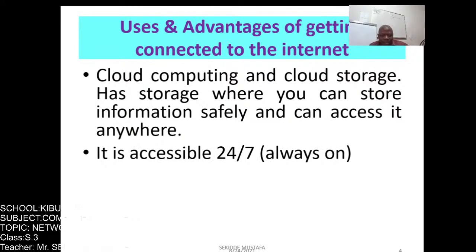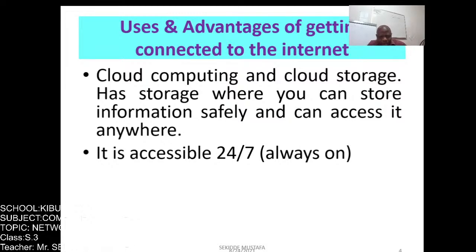The other thing is, the internet is accessible 24/7. If you want services over the internet, you can access them 24/7. It is always on. At times we say 24/7, then we say 365 days a year. You can access the internet as and when you want it. That is another advantage we can talk about.